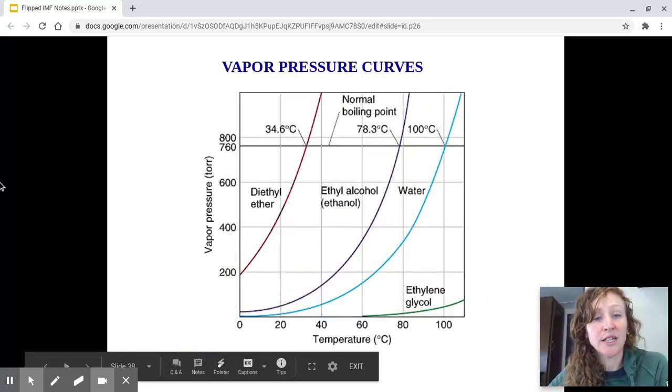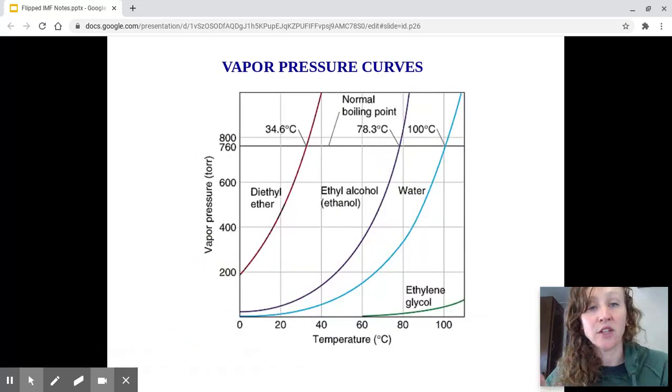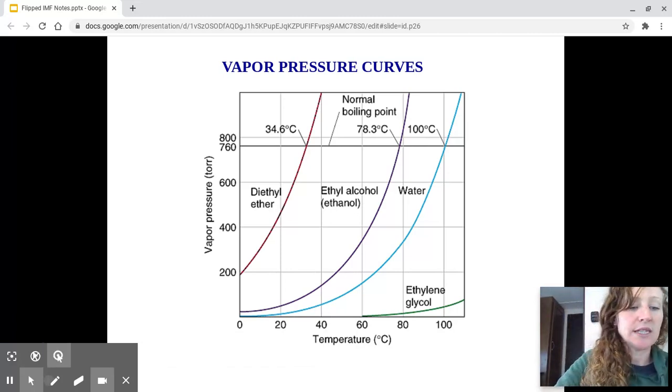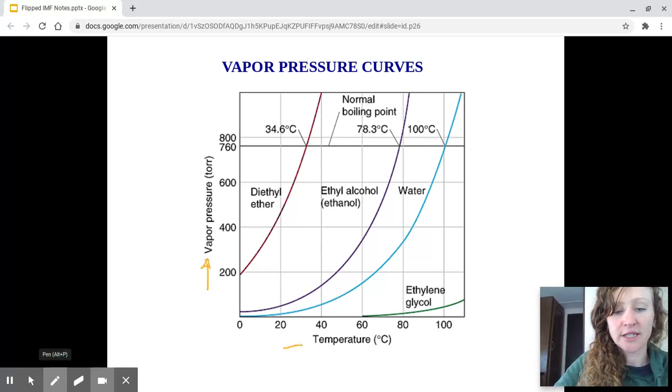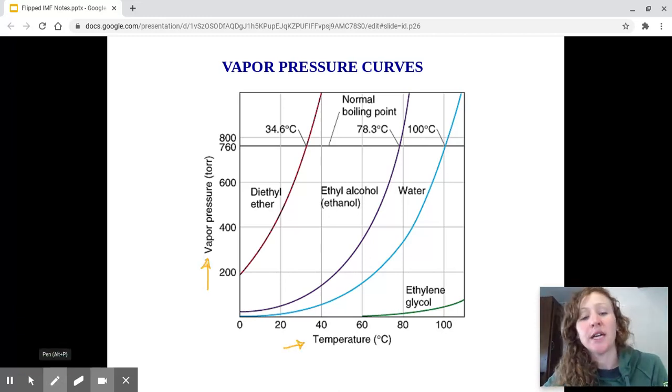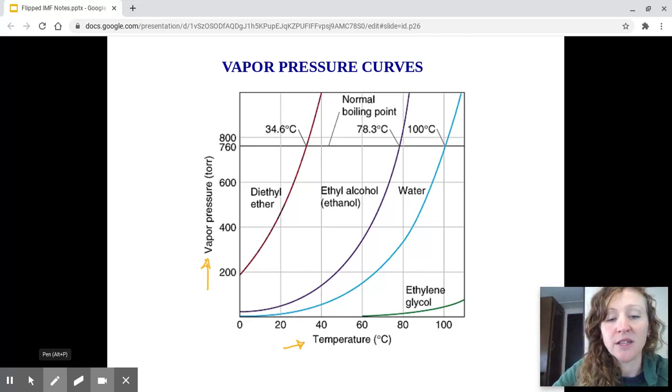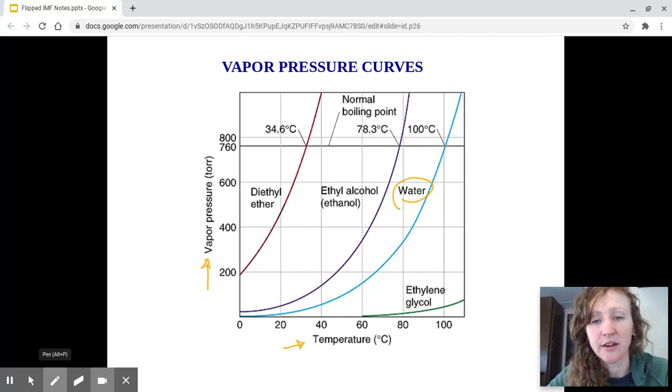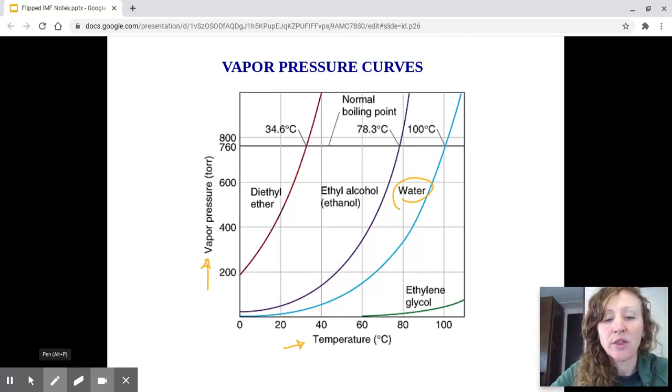Okay, so here's a graph that you may see. This is a graph of vapor pressure curves, and you can see here that it's communicated in terms of pressure versus temperature. Okay, and then for specific things like water or ethanol or diethyl ether, you can see how the vapor pressure is going to change at specific temperatures and specific pressures.